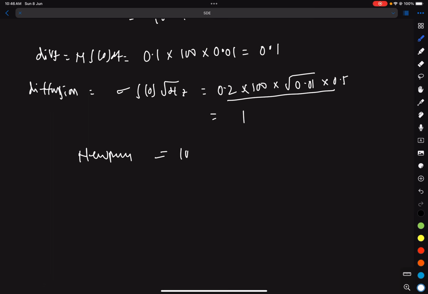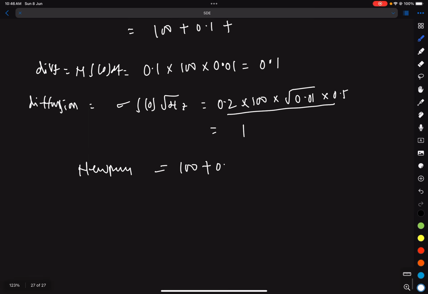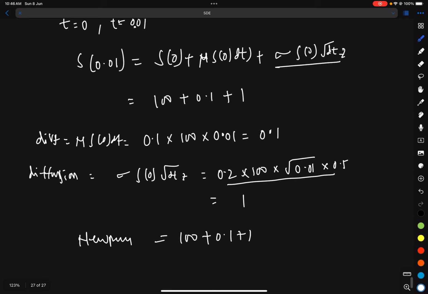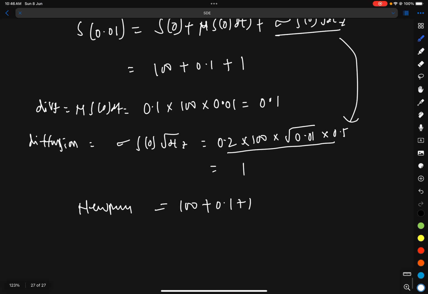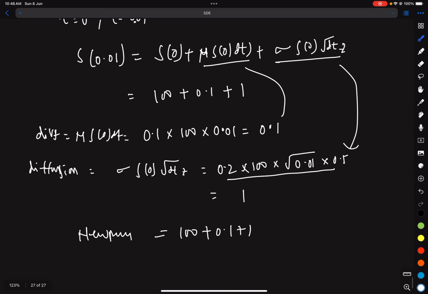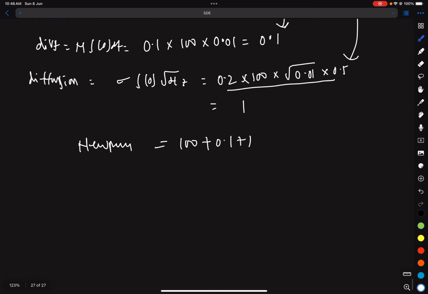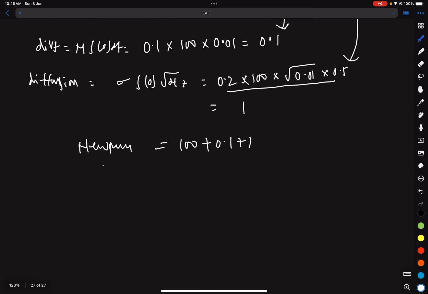So our new price is 100 plus 0.1 plus 1. This component we calculated here, and the initial stock price is 100. Once we add all these three, we get the new price, which is 101.1.